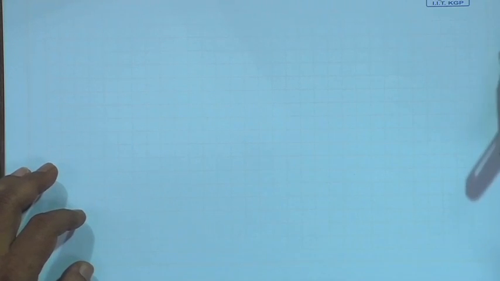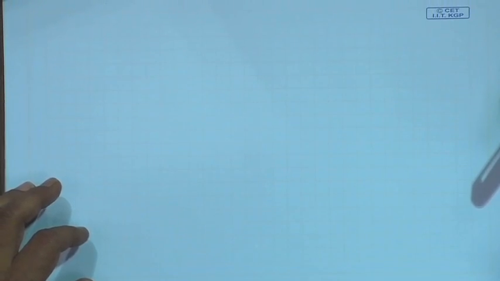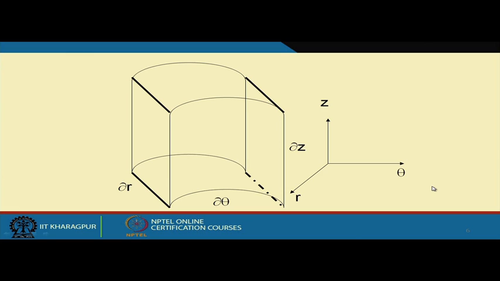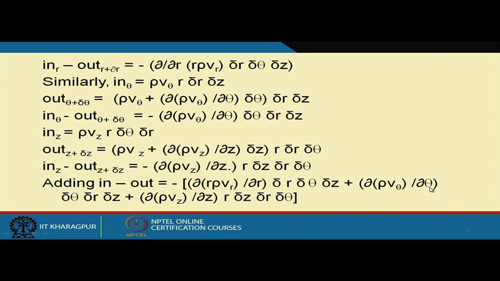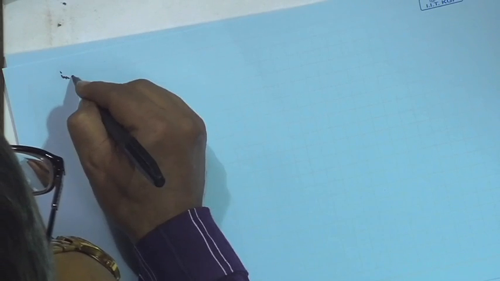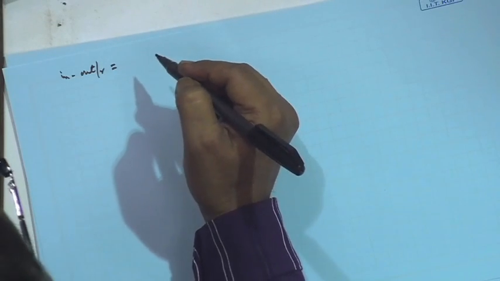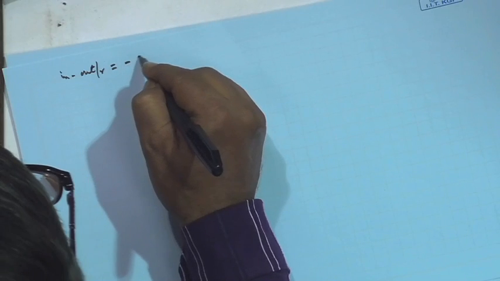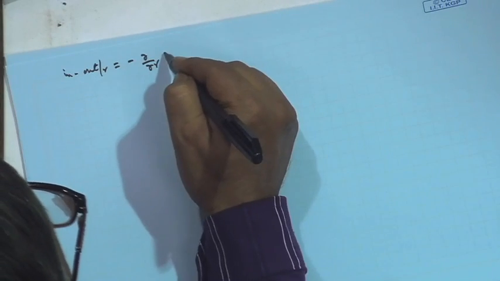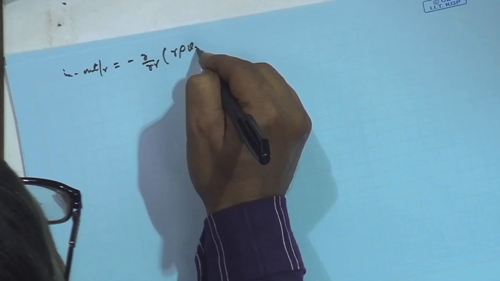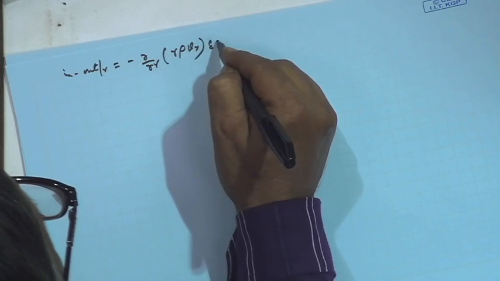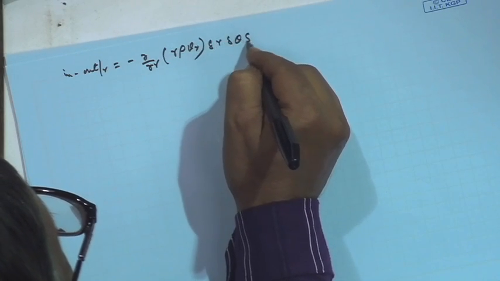So similarly we can say for the other two cases that in minus out for r coordinate, we can write that this is nothing but minus del r of r rho V r into del r del theta del z.